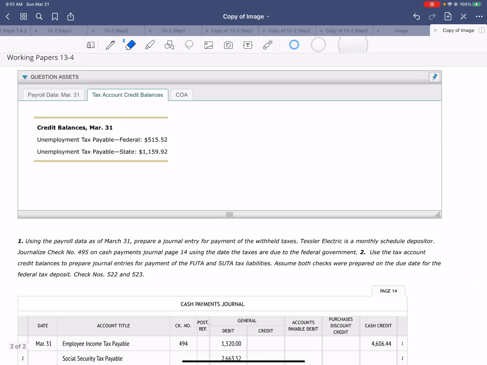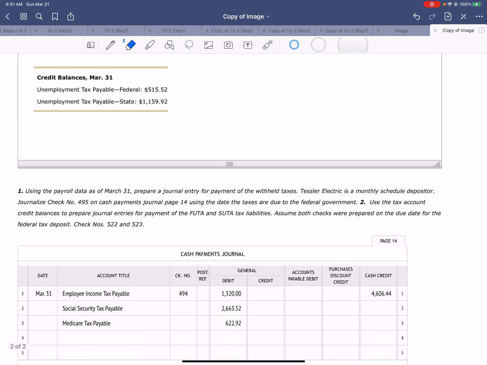Okay, going on to the second step. Use the tax account credit balances to prepare the journal entries for payment of the FUTA and SUTA tax liability. Assume both checks were prepared on the due date for the federal tax deposit, and you will use those 2 checks. Remember, we have to have them separate because they go to 2 different agencies.